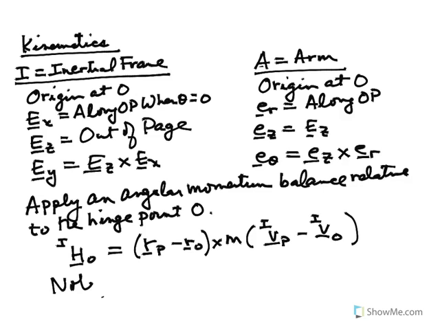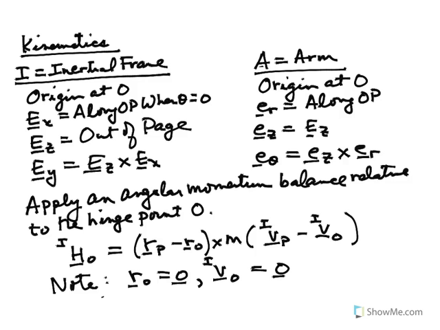Now we note that because we're measuring from point O, Ro is equal to 0 and Vo in I is also equal to 0. So we need to compute the position and the velocity. The position of point P, which is measured relative to O, the way we laid it out at the beginning of this lecture, is equal to L ER.